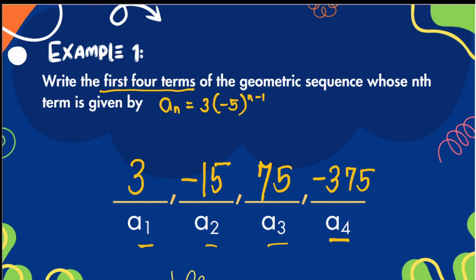So those are now the first four terms of our geometric sequence whose term is given by this formula. Okay? So ngayon, meron bang alternative way dyan, instead of solving lahat ng a sub 1 to a sub 4? So what do you think? Of course, meron siya.